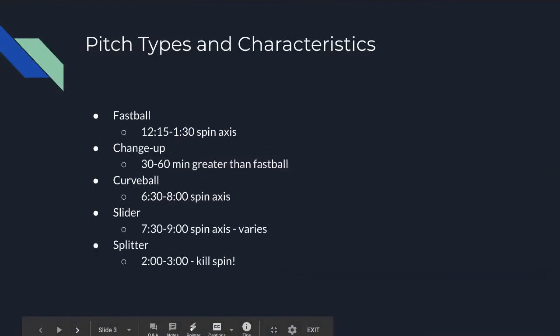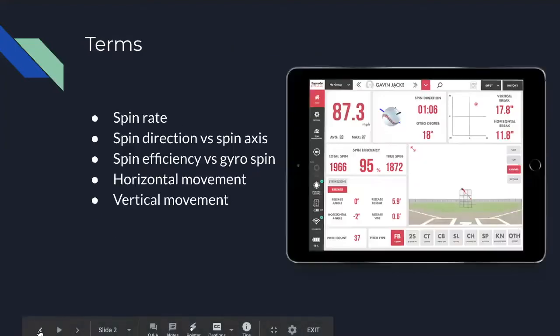And the last pitch we'll go over really quickly is a splitter. So for a righty, you're looking between 2 and 3. Really the objective with the split is to kill spin as much as possible, so that you get that big drop at the end, or that late life to it, or that late dive.